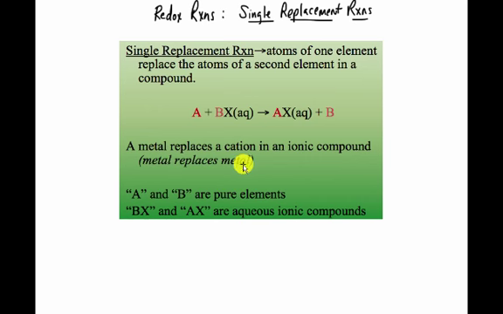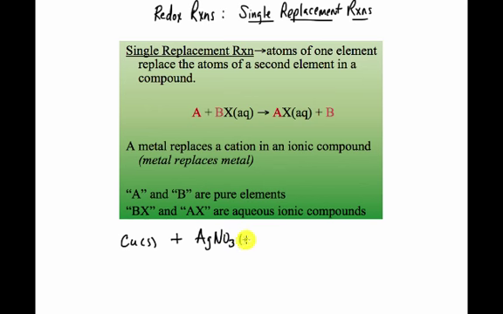Technically that's kind of wrong, because here's a metal. Okay, let me show you an example of what I'm talking about. Let me write this out. An example of this would be something like copper solid. So that would be my element. We'd have a piece of copper metal, copper wire, and I'm going to put that into a solution of silver nitrate.